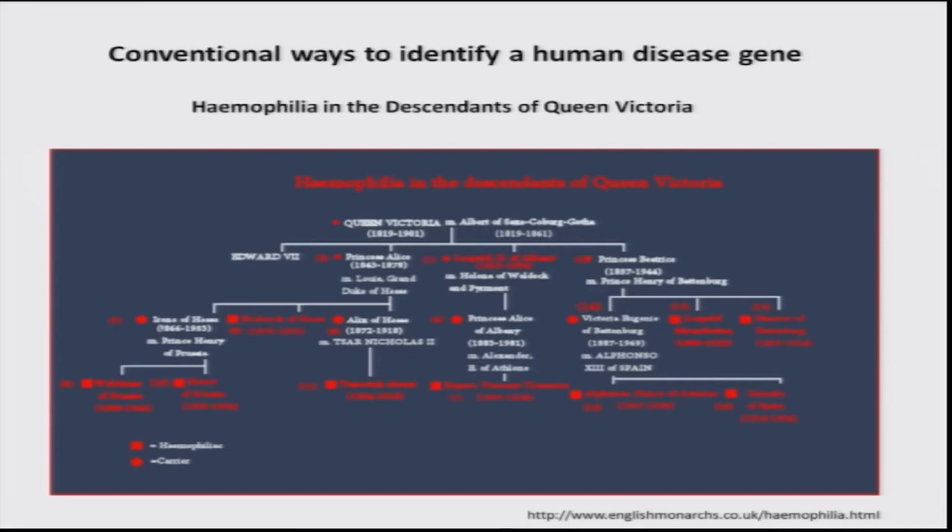And you can see in her next generation, one of her sons was affected, and we know now that this particular disorder is caused by a gene that is located on the X chromosome. So, it is X-linked inheritance.